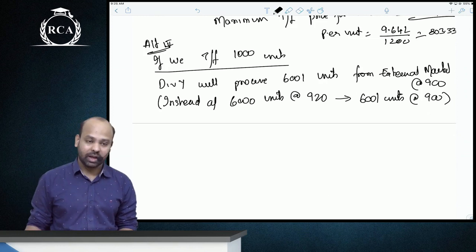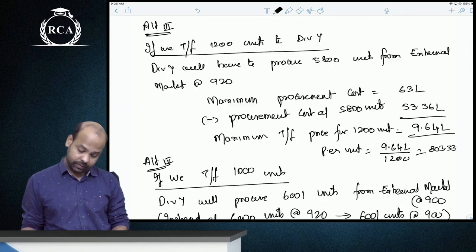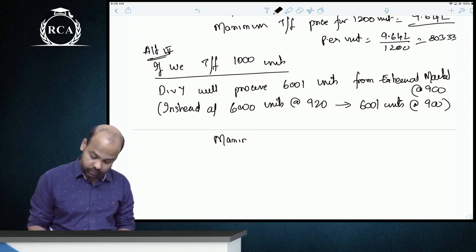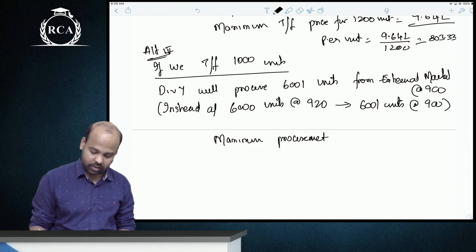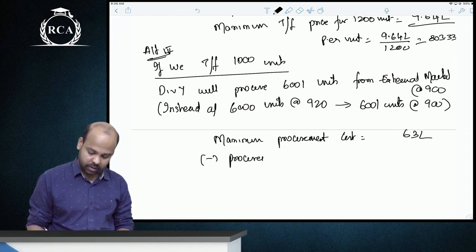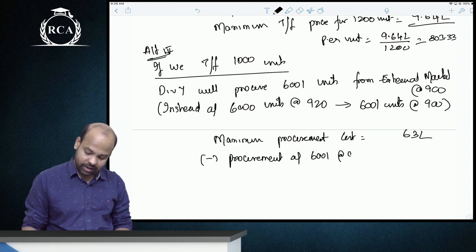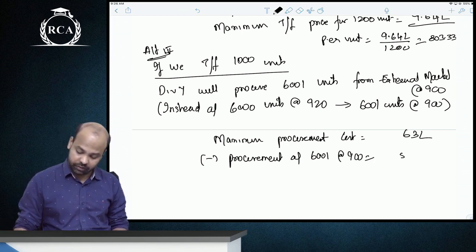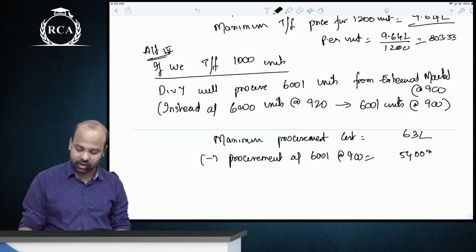So here, beta, what will happen is your maximum procurement cost is 63 lakhs minus the procurement of 6001 units at 900, beta, 54 lakhs, you can write, and 900 if you wish.